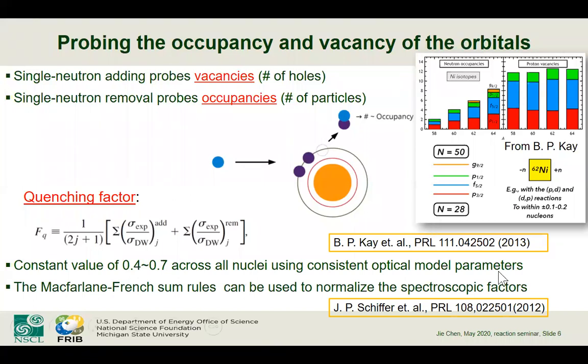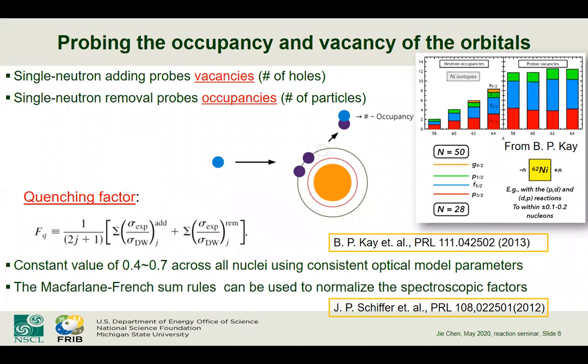In this paper, using consistent optical model parameters, a constant value of the quenching factor can be obtained, from 0.4 to 0.7. In one experiment, we can measure most of the single-particle strengths within one orbital.